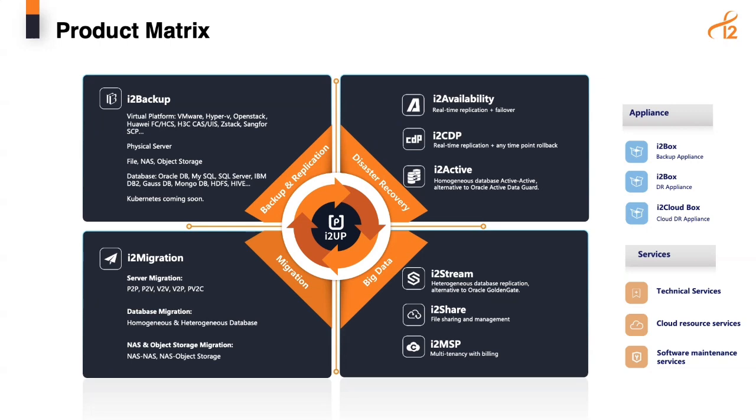So we provide a high availability product, I2 Availability, to give RPO near zero with real-time replication and auto failover, as an alternative or replacement for storage-level active solutions. We also provide the CDP function to make sure that their business can be recovered at any point in time. And also I2 Active and I2 Stream focus on database-level replication.